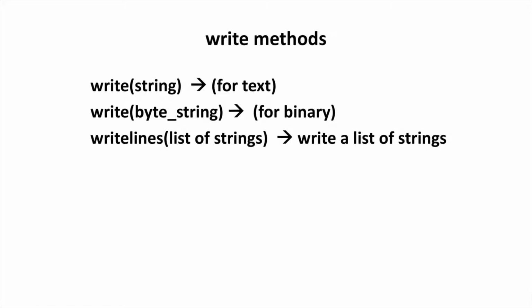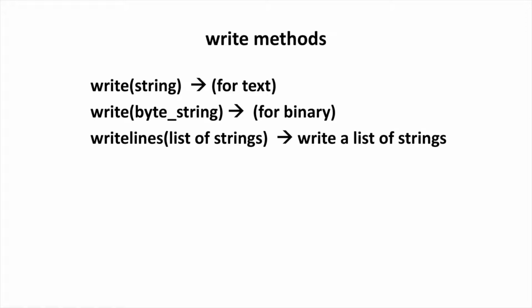How do we write? Python provides 3 methods to write to a file and we can invoke them using the file object. See them on the console. So, here you can see 3 different methods for writing into either a text file or a binary file.